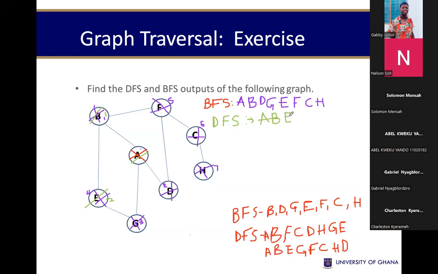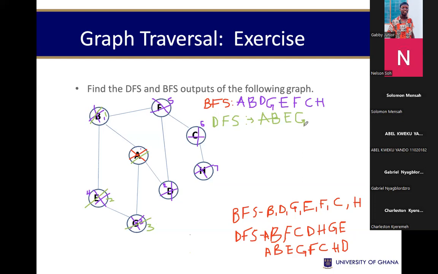Now, still at E, I need to check the adjacent node of E. That's J. And I mark it as 3. Now, when I'm done with J, I have to also check whether J has any adjacent node.